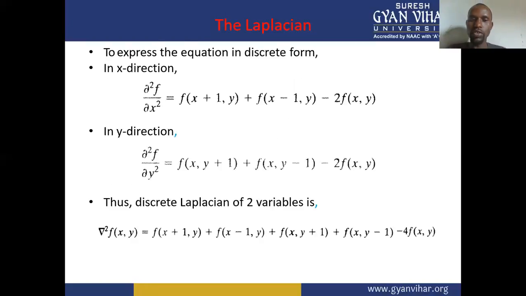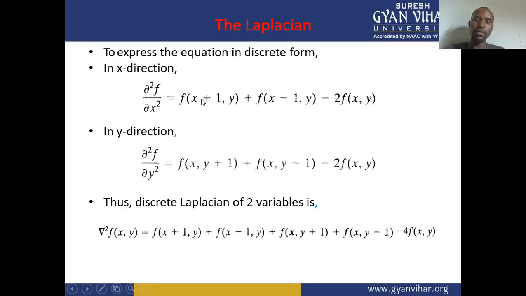Now, the next step that you look at is the discrete form, how we can change this equation into discrete nature. So this is what occurs. We have f of x into x plus 1 comma y, because we said in the Laplacian we are taking account of both the x and y axis, plus f of x minus 1 comma y minus 2 into f of x comma y.